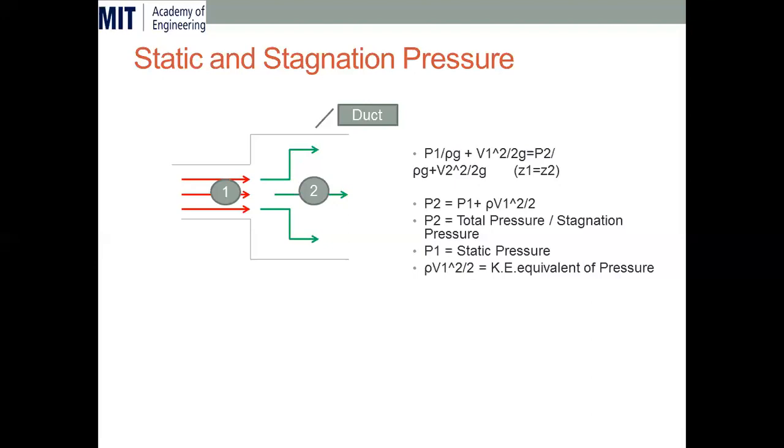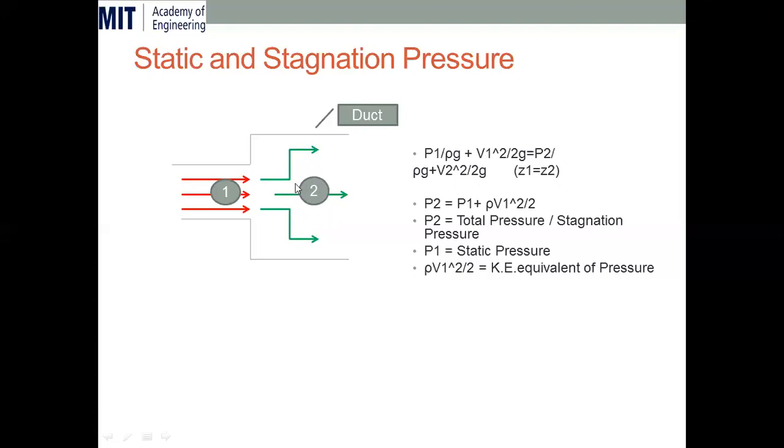Okay. So consider the duct, and we have two sections, section 1 and section 2. Section 1 has less area than section 2. So what will happen when the fluid is flowing with a certain velocity V1 at section 1, and then suddenly at section 2 the area increases, and due to the increasing area the velocity decreases.